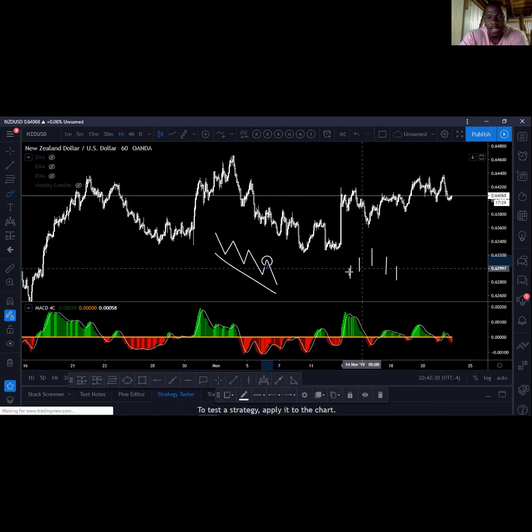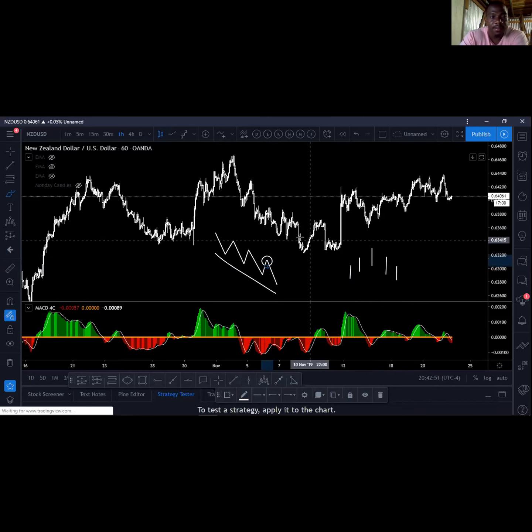This is how I would identify a swing point. The easiest swing point to identify is when you see one candle in the middle that is high, and two to the left and two to the right that are lower. This is a swing high. The swing high which I have circled here, you might see this sort of candle pattern.